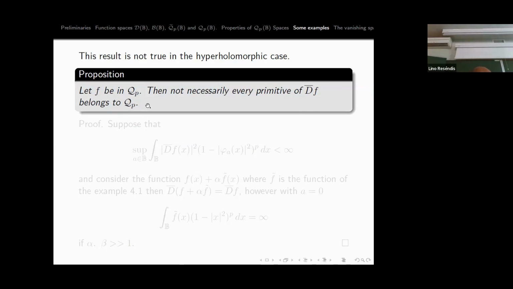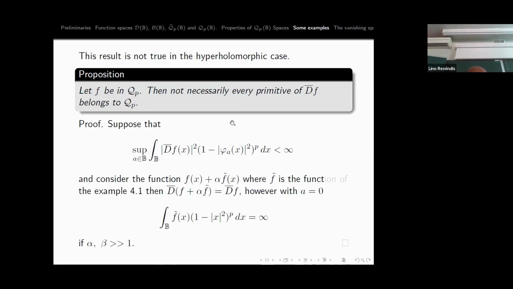In the classical Qp space, this result is true: if we consider some function in the Qp space, then its primitive belongs to the Qp space, but here it does not. f can be in the Qp space, however its primitive cannot belong to the Qp space.